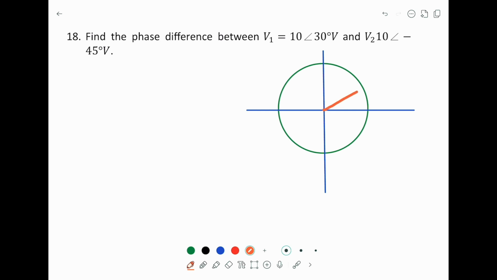So this is roughly about right V1. And the magnitude of V2 is 10 volts, but the phase angle is negative 45 degree. So this is V2, and this is 30 degree, and this is 45 degree.